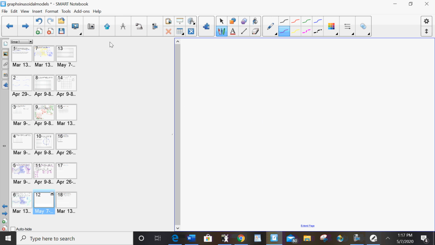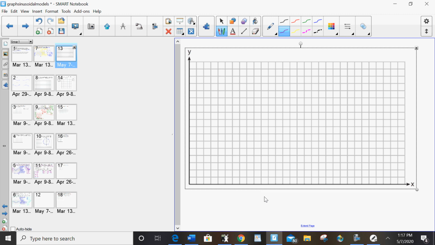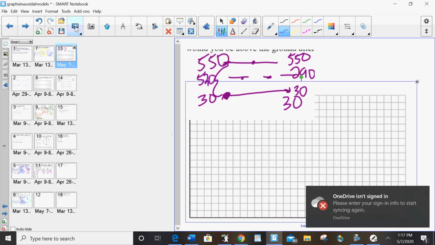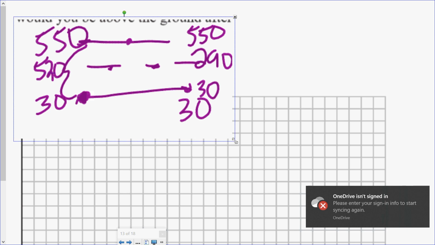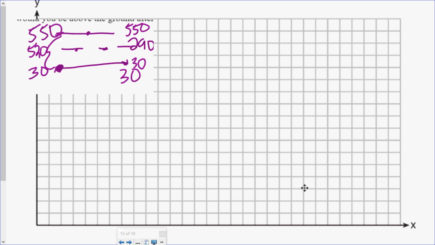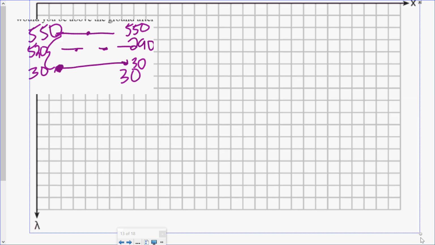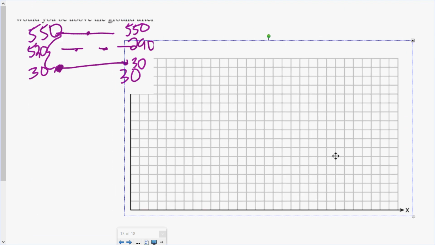And let's go to my graph. It's a giant graph. Let's make it a little bit smaller. So big I can't even deal with it. All right.